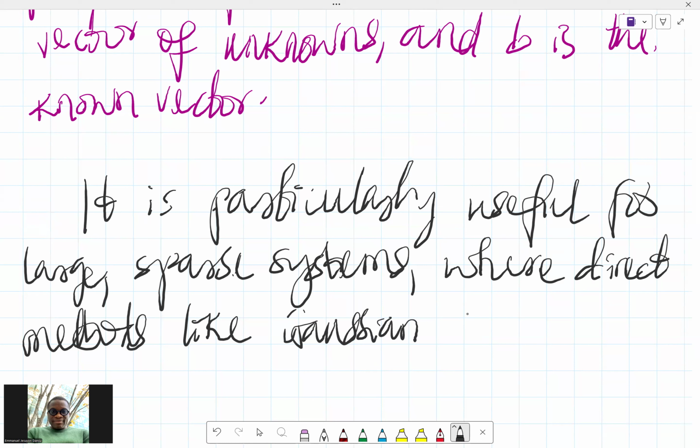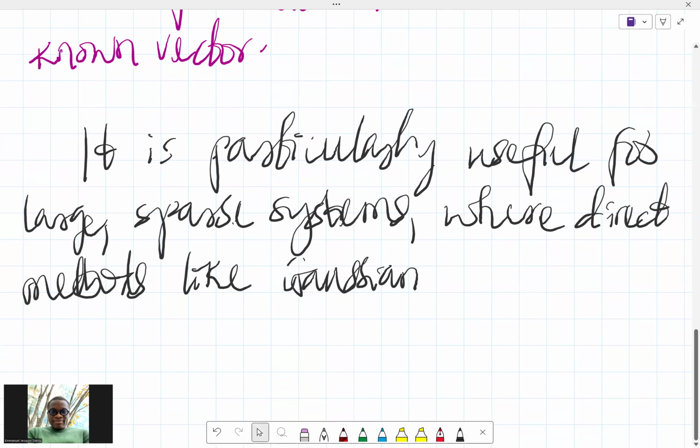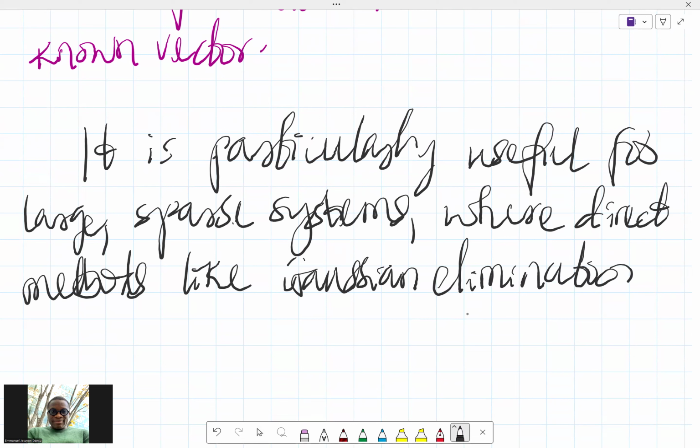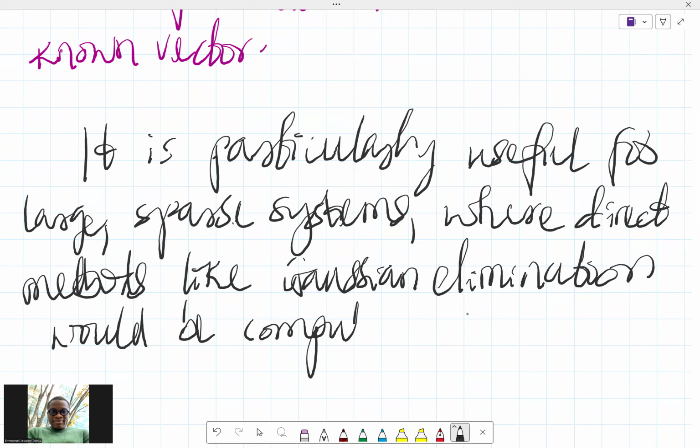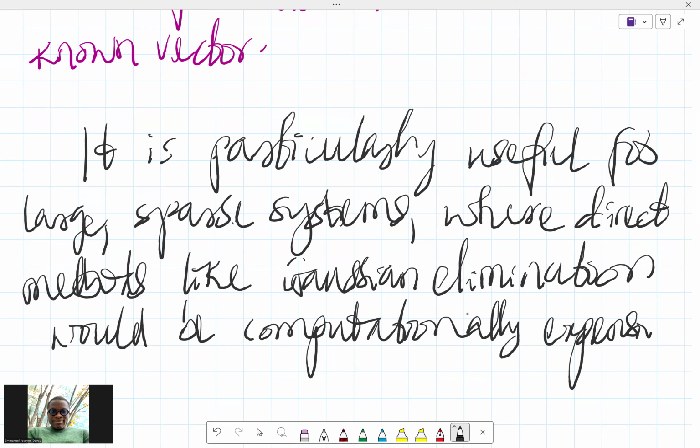In the series on numerical analysis, I've actually dealt with both direct and iterative methods for solving systems of linear equations.